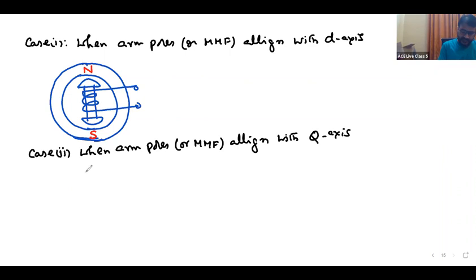Poles will be aligned with the direct axis. Some other instant, poles will align with the quadrature axis. That is what I am going to write.